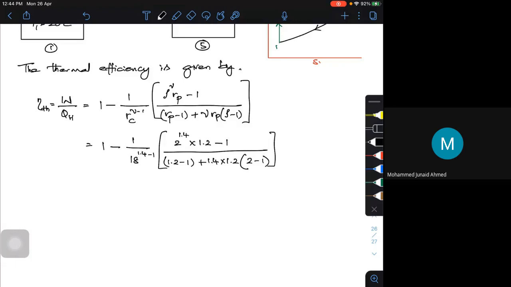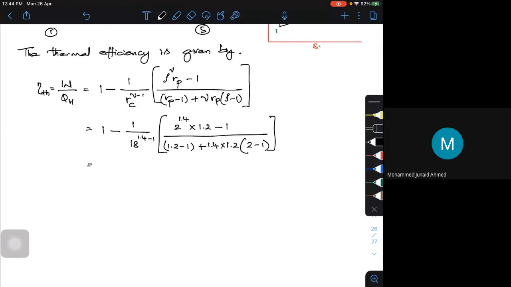If I substitute everything, the thermal efficiency I am getting is 63.72%. Then I need to find the other points, the temperatures in between.